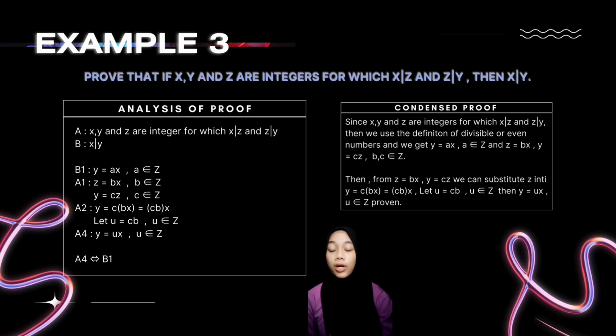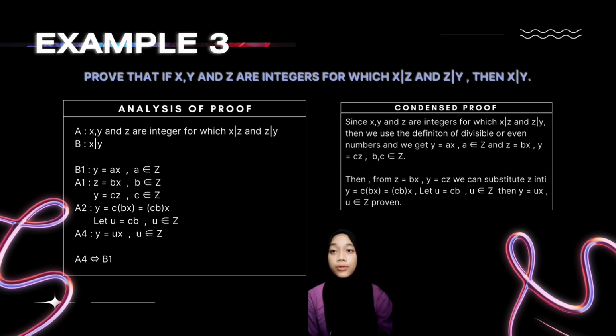For A1, it's going to be the same, where z is going to equal bx and y is going to equal cz. So b and c are elements of the integers also. For A2, we are going to substitute z into y. So it's going to be y equals cbx.